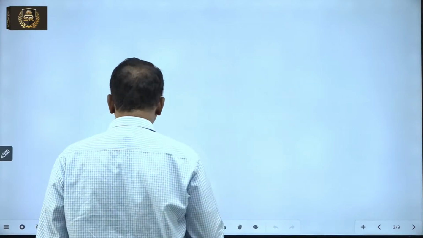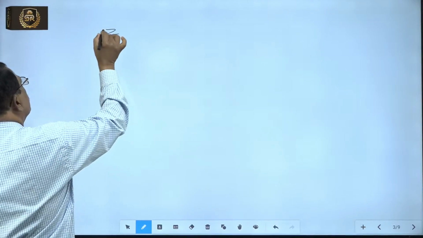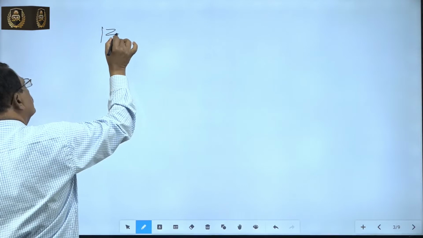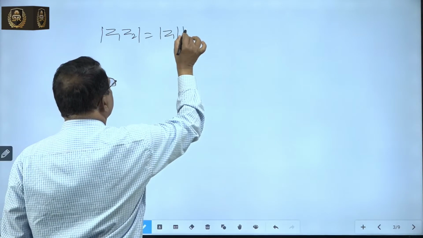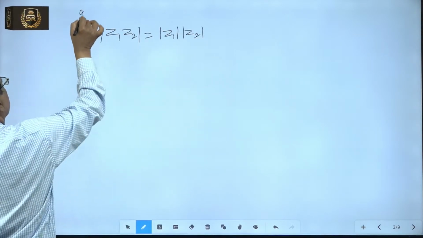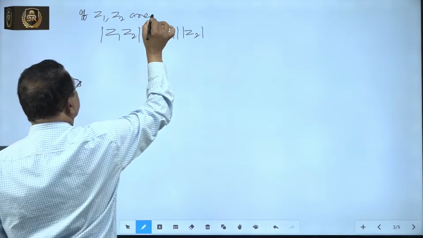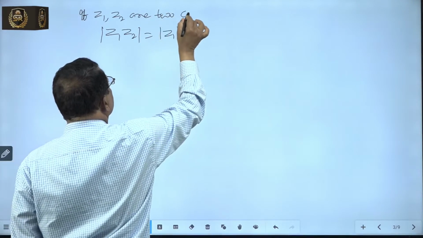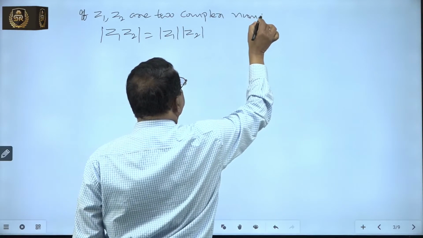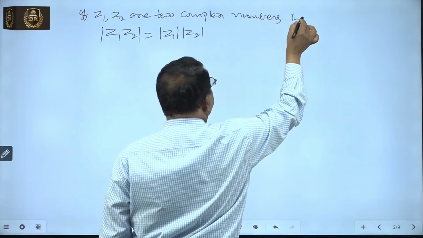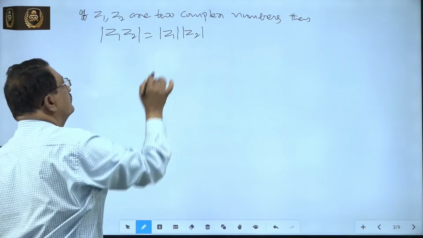Next, if z1, z2 are two complex numbers, then mod of z1 z2 equals mod z1 into mod z2.